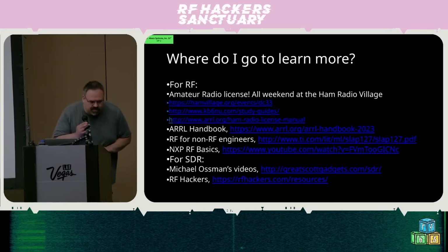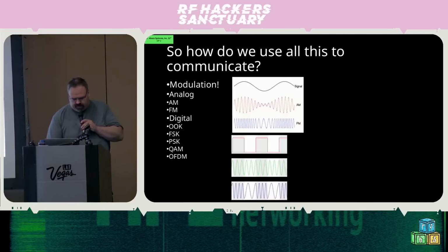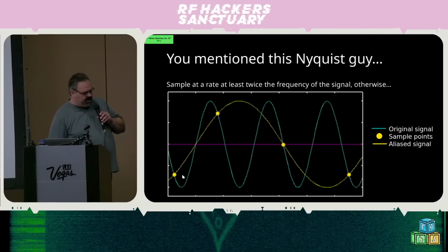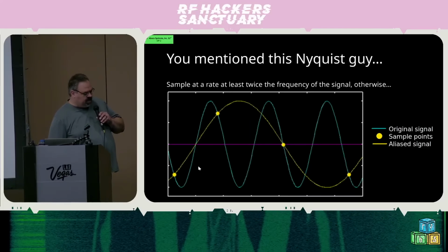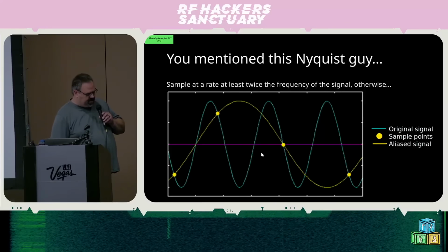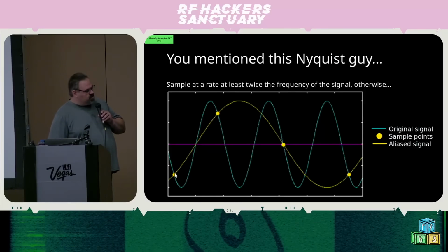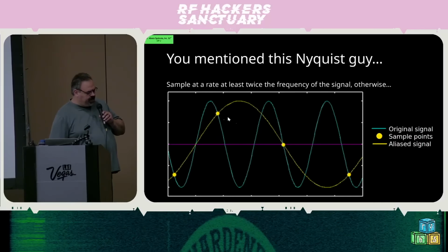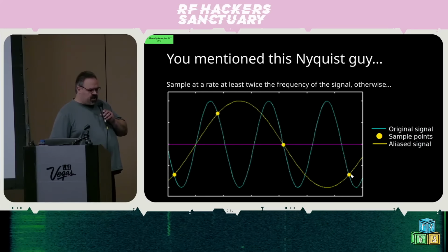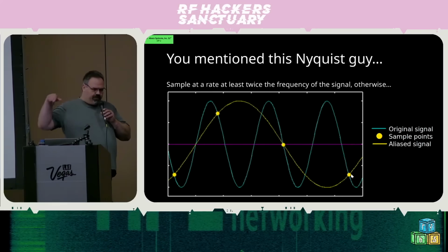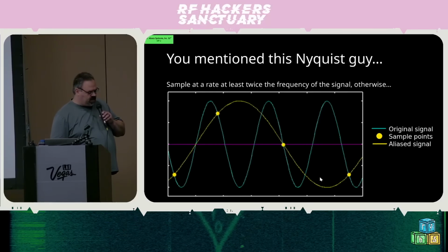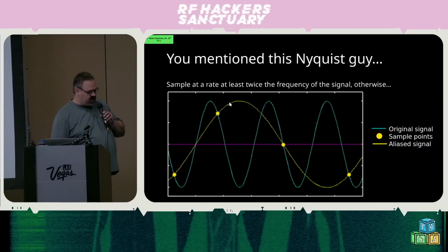Yes. Aliasing. Okay. Let me get back to my graph. So this teal signal is the one that we want to capture, but our sample rate is too low. As this teal signal is going along, we capture a sample here, and a sample here, and here, and here. When we reconstruct that, assuming it is some form of sine wave, we end up with what looks like a much lower frequency signal.